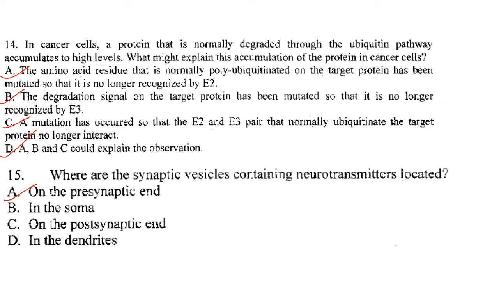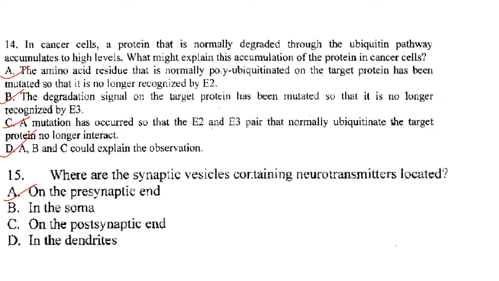Ubiquitinylation involves three main steps. First is activation by ubiquitin activating enzymes E1. Then conjugation by ubiquitin conjugating enzymes E2. And then ligation is performed by ubiquitin ligase E3.